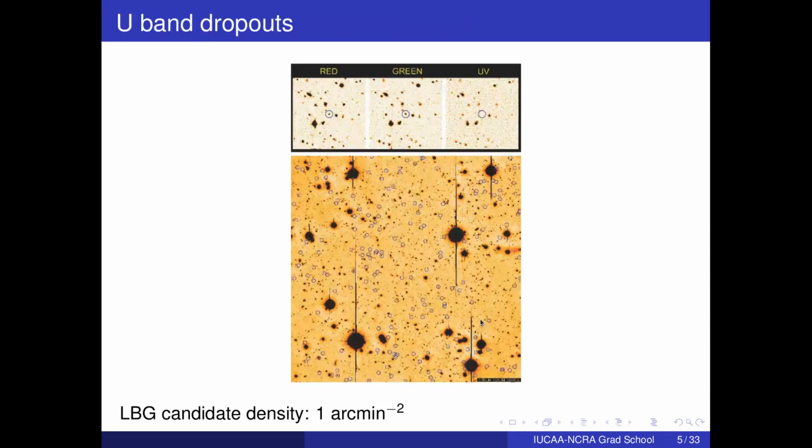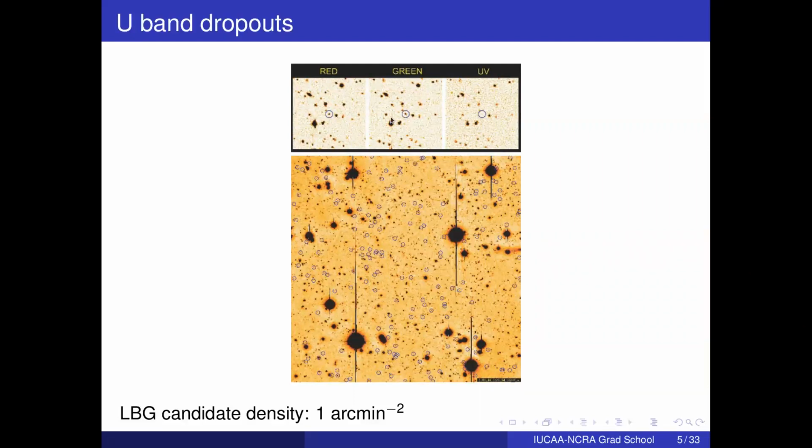So, U band dropouts. This is what it will practically look like. In the near UV filter, the U band filter, you will not see the galaxy at all, because there you are sampling the rest frame spectrum shortward of the Lyman limit. So no flux. The galaxy is not visible.